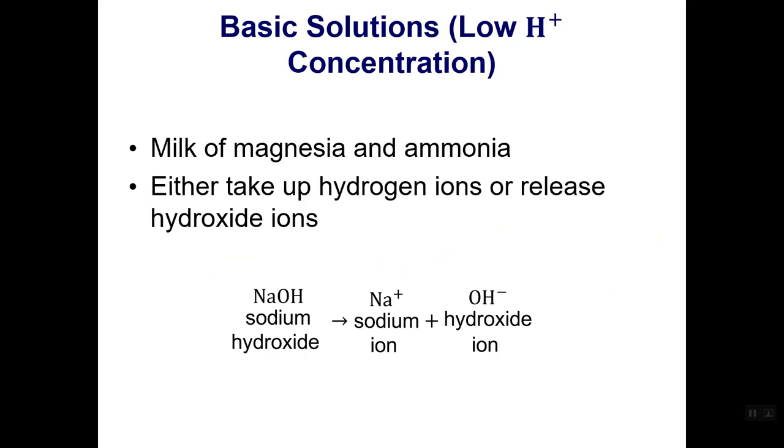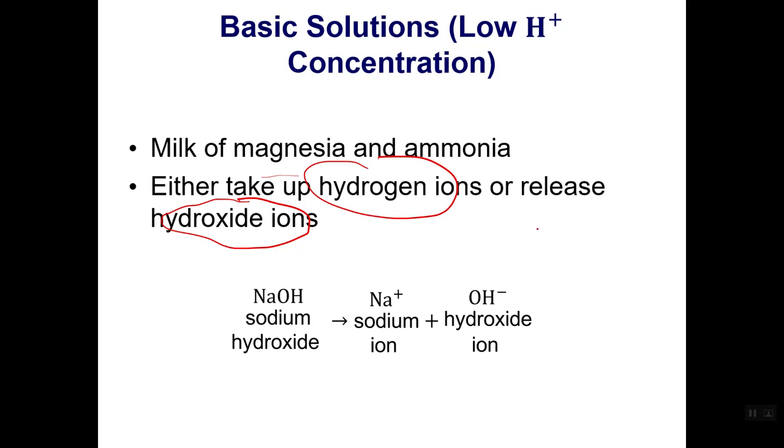Oppositely, basic solutions have a low hydrogen concentration. Milk of magnesia, ammonia, bleach, those are all examples of basic solutions. They either release hydroxide ions or they can take up hydrogen ions, making them fewer in solution.